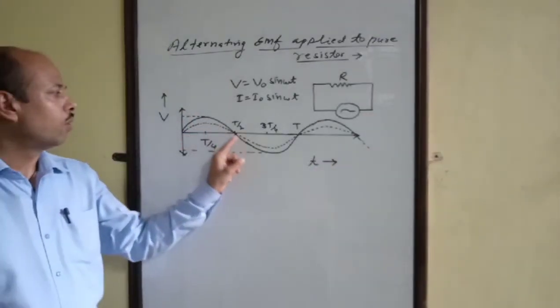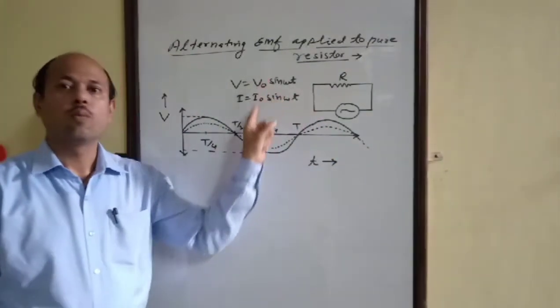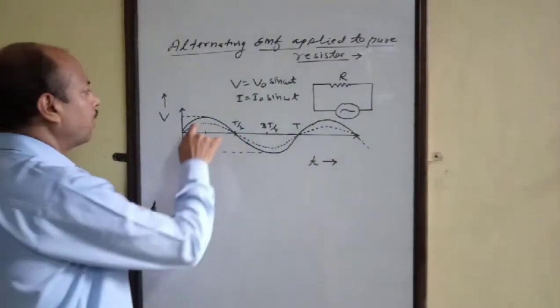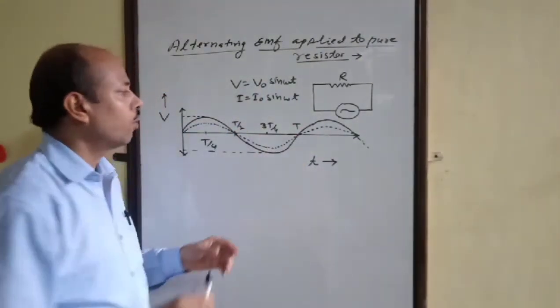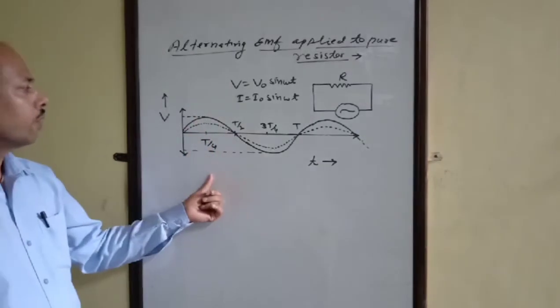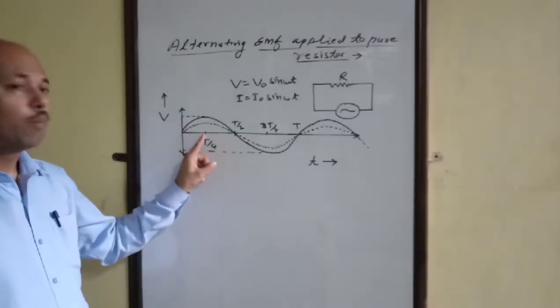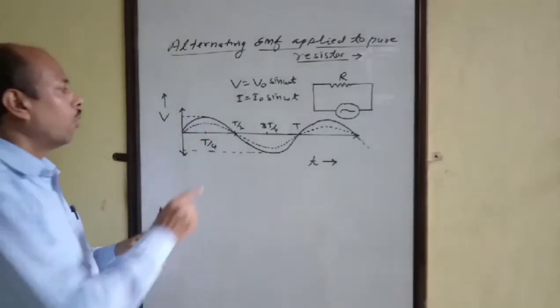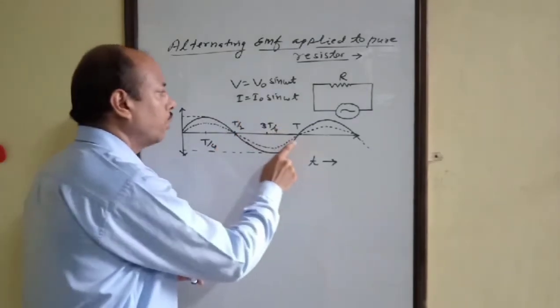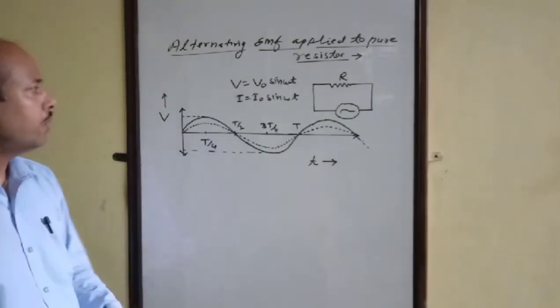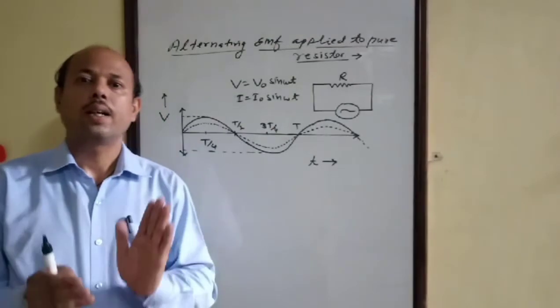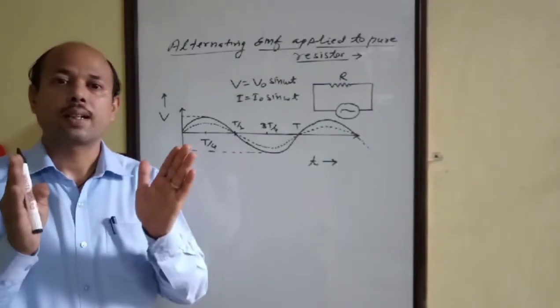Here current also varies just like voltage, but the peak value of current may be different, but both will have maximum value, minimum value or zero value at the same time. It means variation of current and voltage both is exactly the same.